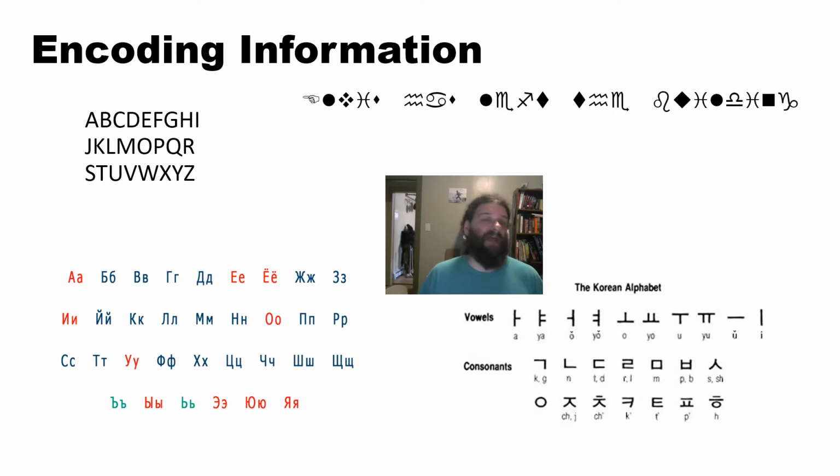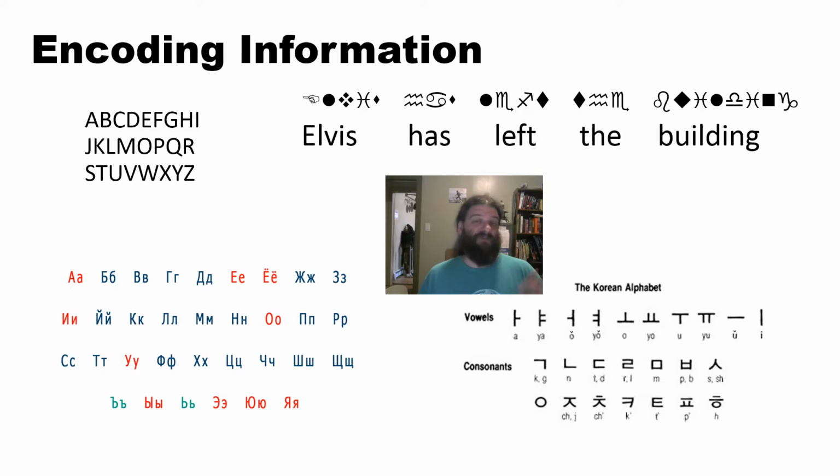Heck, you don't even have to have an actual alphabet. It can be random weird code like this. All you have to do is be able to translate, to convert from one sequence of characters to another sequence of characters. The characters are largely arbitrary, so that we can translate from one sequence to a different sequence and just say that it has the same meaning.